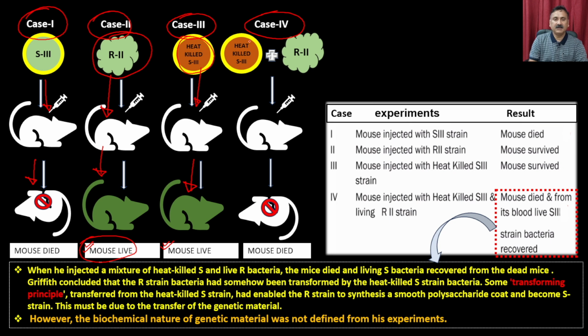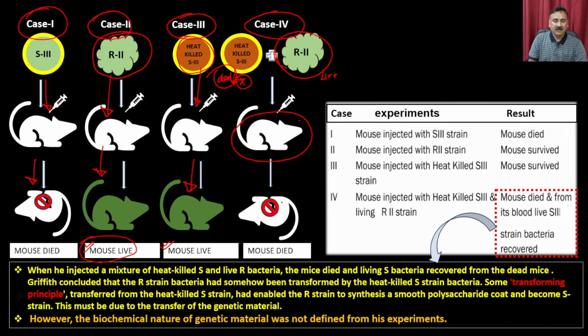Then in case 4, he has taken heat killed S type of bacteria. So the virulent bacteria he has heat killed; this is not live bacteria. And then he added the R type bacteria, which is live. So this is live, this is dead bacteria. He mixed them together and injected them into a healthy mice.